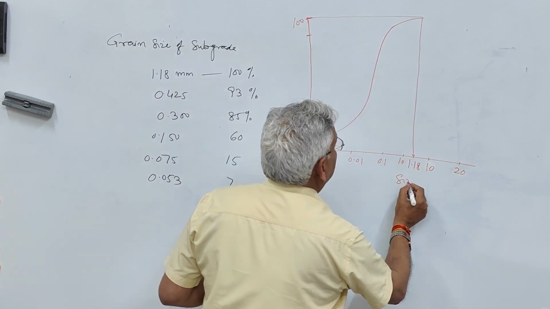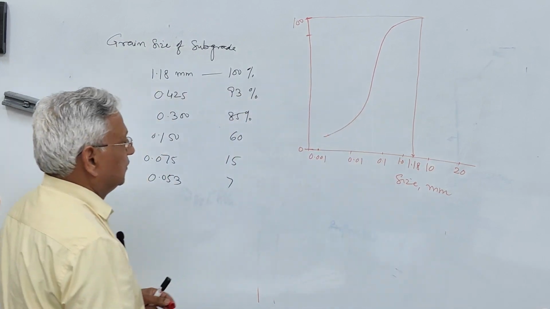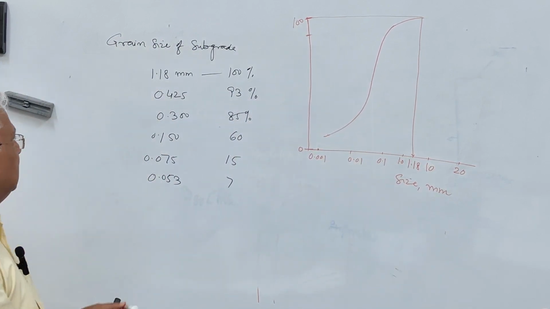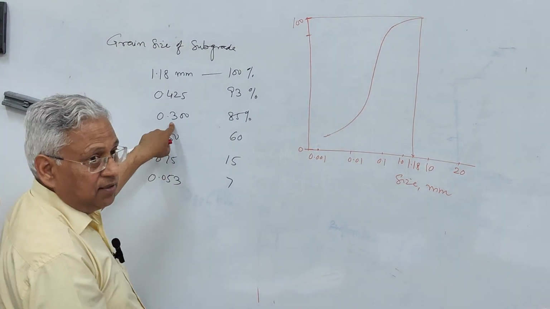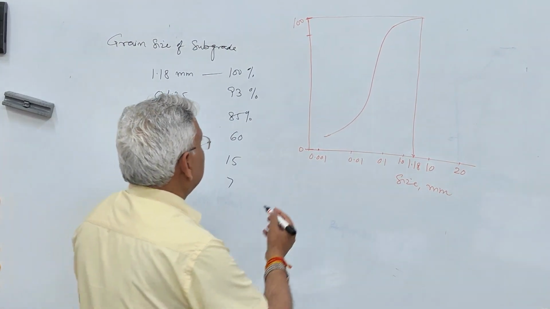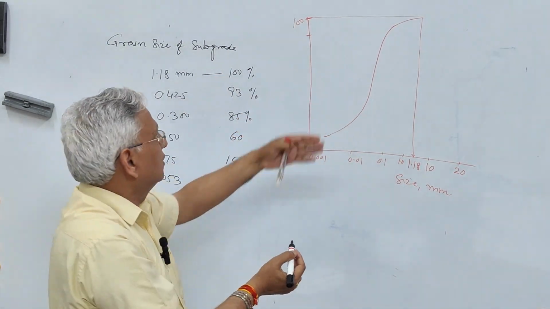This is the size in millimeter and the percent passing. So it says that the 85% size is 0.3 millimeter. If it is not given here, you can find it from this graph.